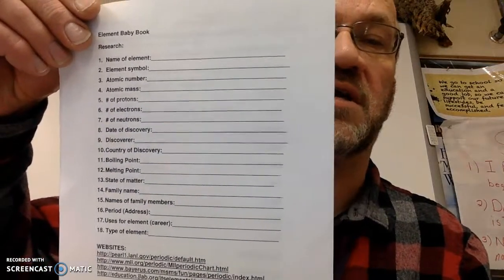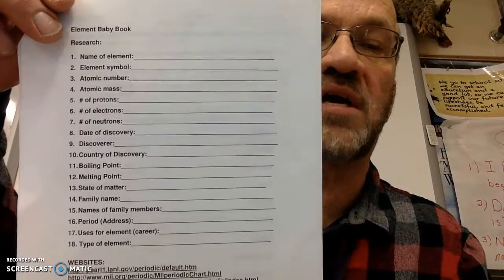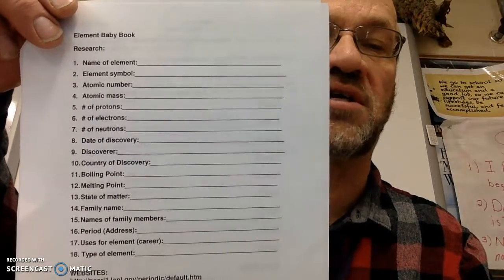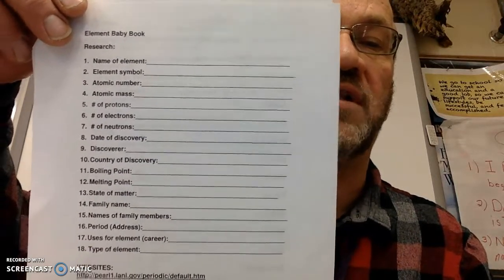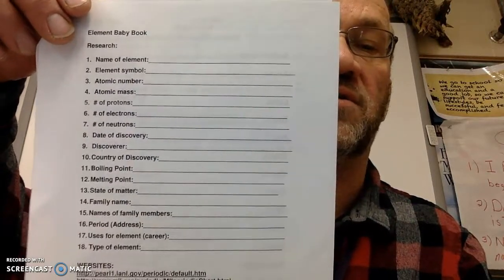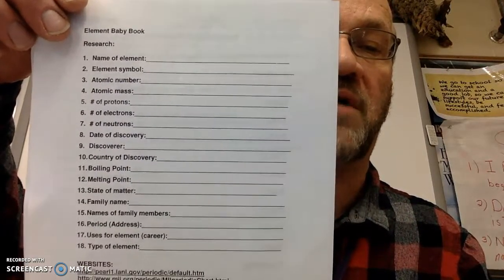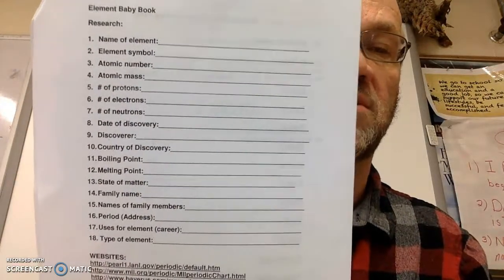This checklist is a checklist that you should do right after you make your cover. You should actually look up all of these different things about your element and fill it in on this sheet. That way you have a reference sheet in order to write your paragraph about your element baby. Okay, so that's what you need to do.